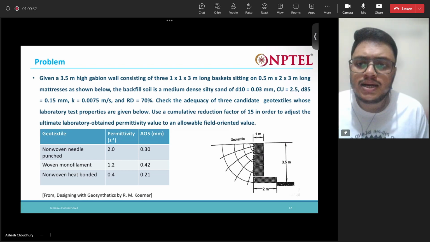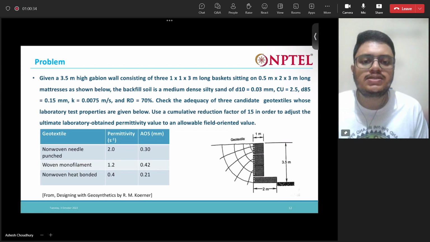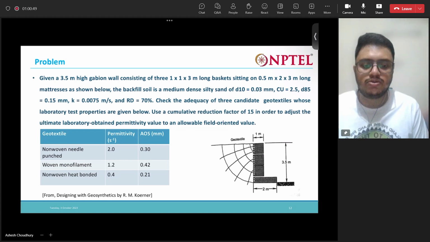Okay, check the adequacy of three candidate geotextiles whose laboratory test properties are given below. Use a cumulative reduction factor of 15 in order to adjust the ultimate laboratory obtained permittivity value to an allowable field value.